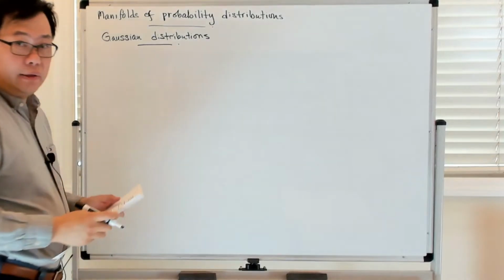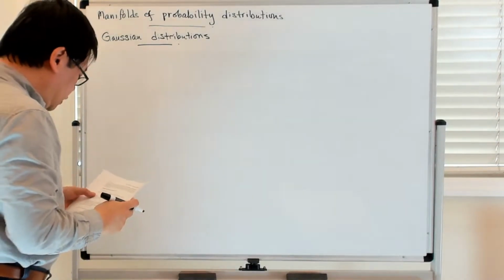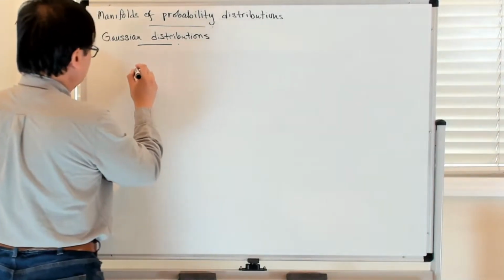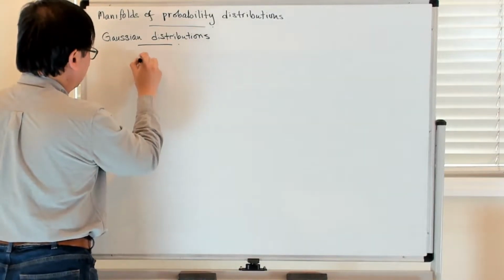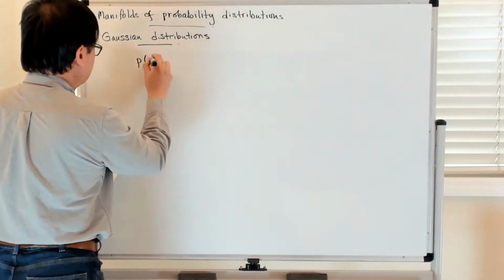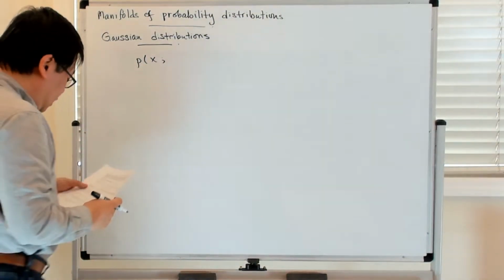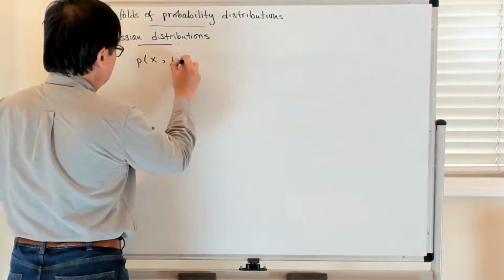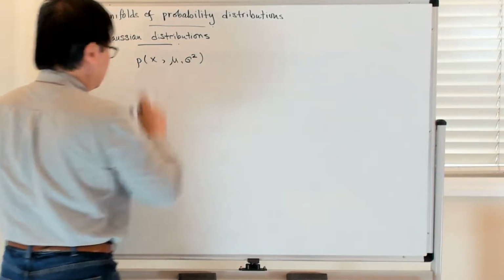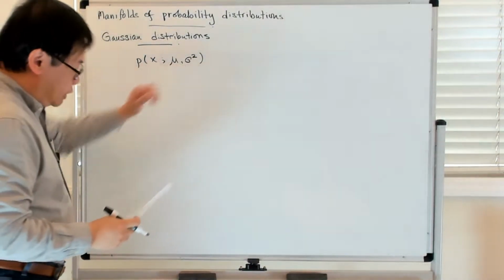So you know that if you have a probability density function of a Gaussian distribution, it's described by the following. The probability at some point x, right? And that parametrically depends on the mean and the standard deviation.